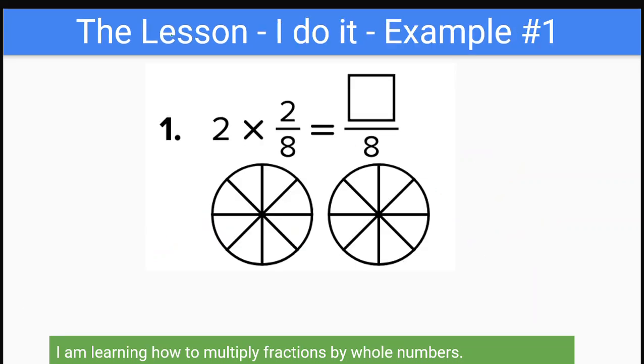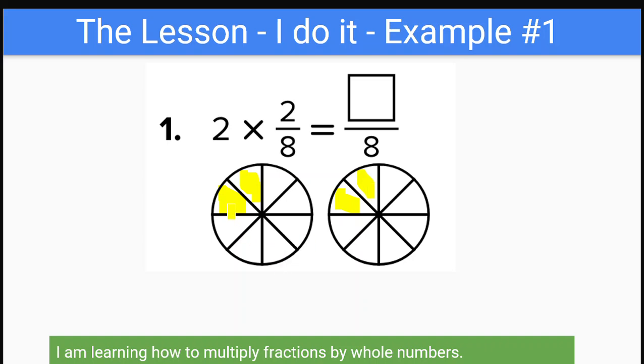Okay, well, here's another example right here. It says 2 times 2/8. Okay, well, let's just highlight, these are eighths right here. It's divided up into 8 parts. Here's 1/8 right here, and here's 2/8. Now over here, we can do the same thing. Here's 1/8 right there, and there's 2/8.